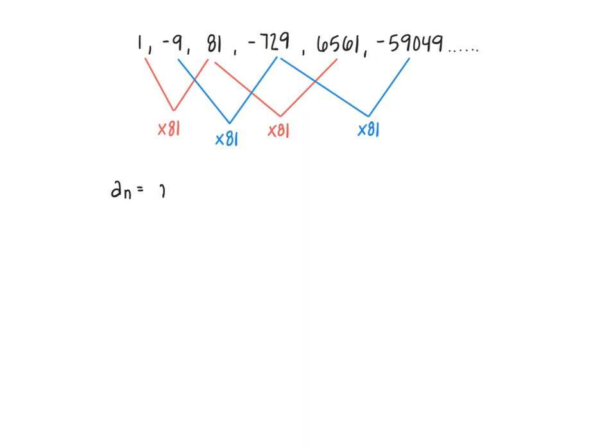So I'm going to say a sub n minus 2. And what we're doing between each term is we're multiplying by 81. So to rewrite this like I did in the second slide is 81 parentheses a sub n minus 2.